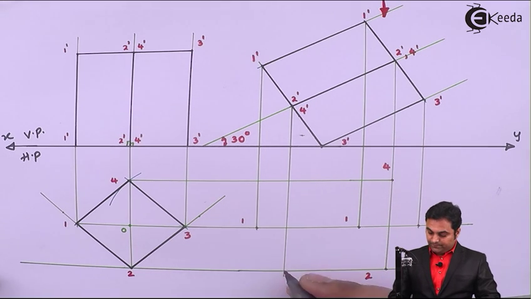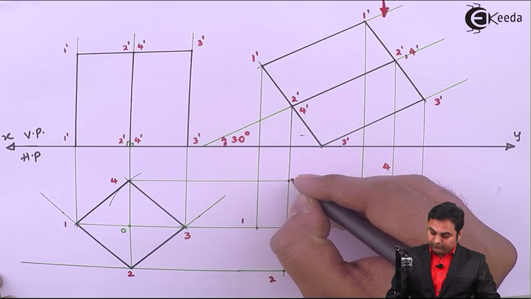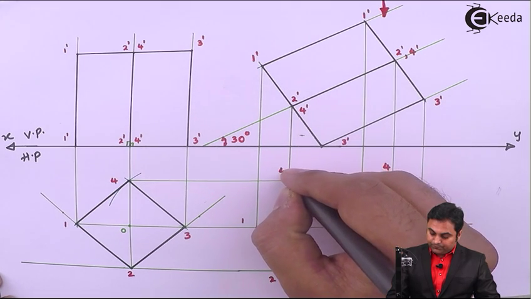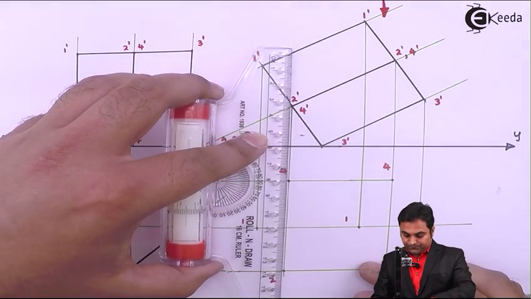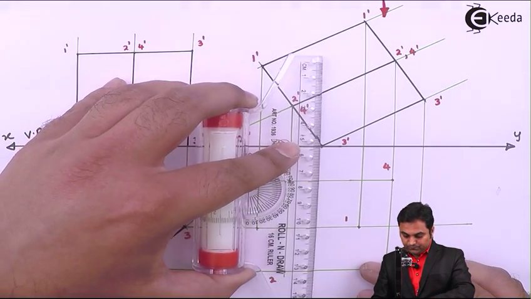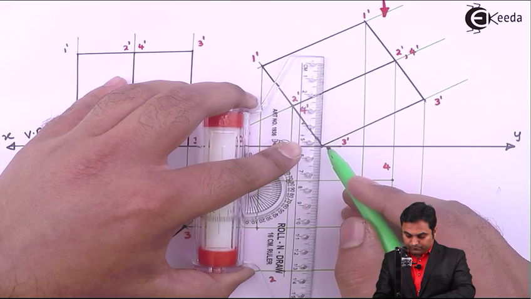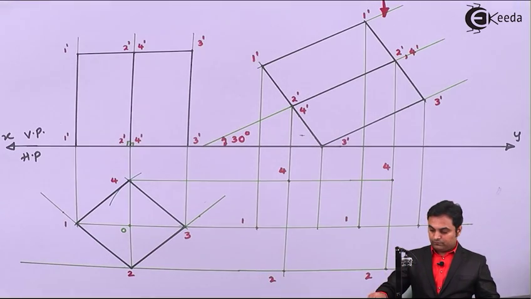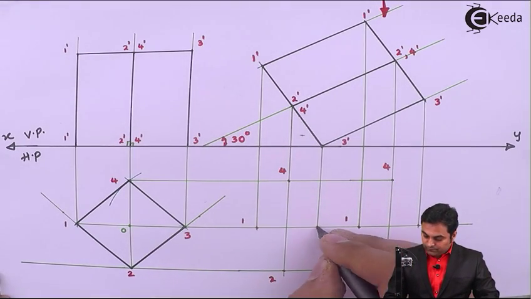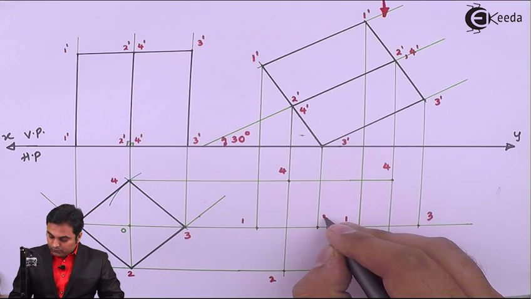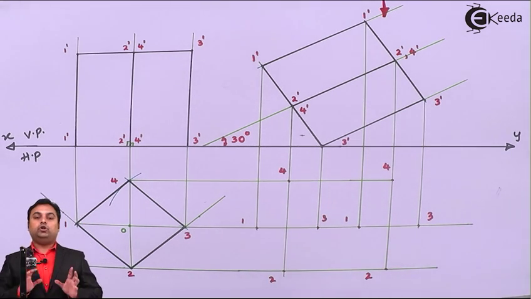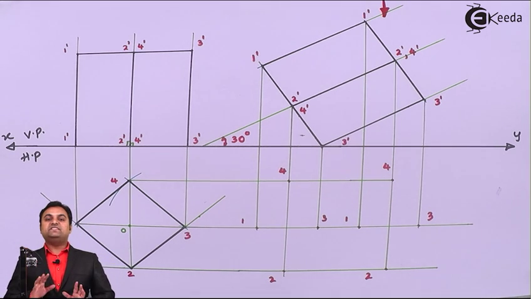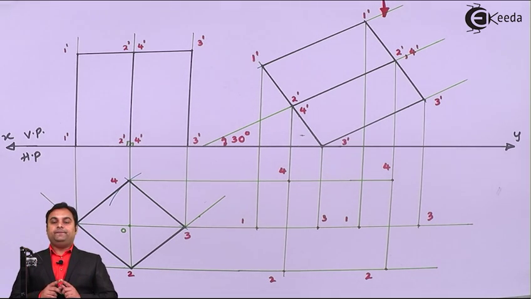Here we are getting point second and point fourth. At last there is point 3 dash. Point 3. Now, once I have marked all the points, based on the visibility we have to connect the points.